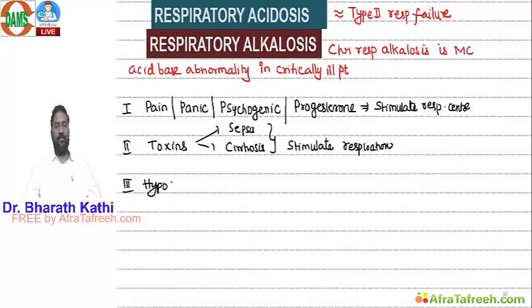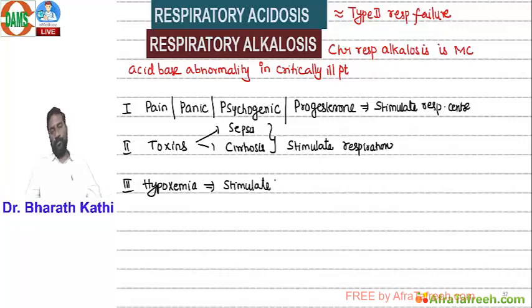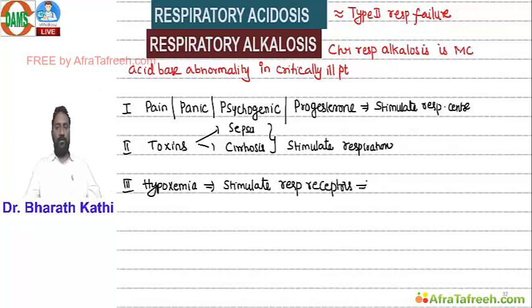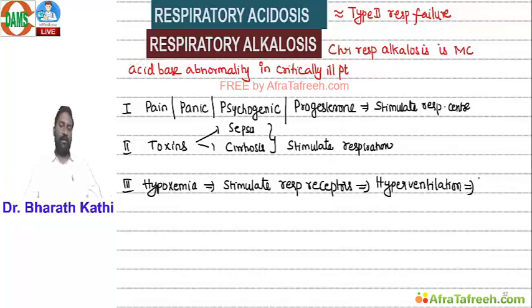Any disease that has resulted in hypoxemia will stimulate respiratory receptors. As long as your respiratory effort is intact, there will be hyperventilation. And once they hyperventilate, what is the gas going out in excess? CO2.